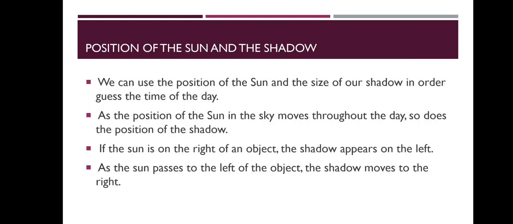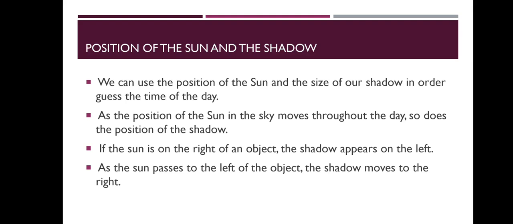Now, the position of the sun and the shadow. You may have noted sometime that when the sun is on your back, your shadow is at your front. If the sun is on your left, the shadow is on the right, and if the sun is on the right, the shadow is on the left. So you need to memorize and note that the position of the sun and shadow is always opposite to each other.